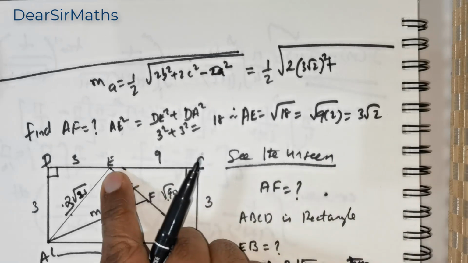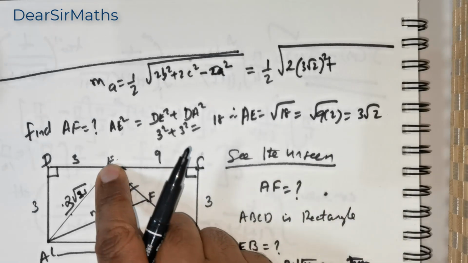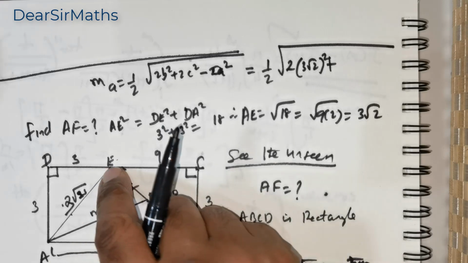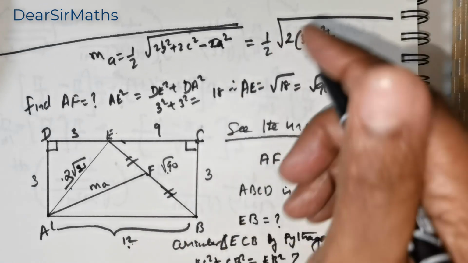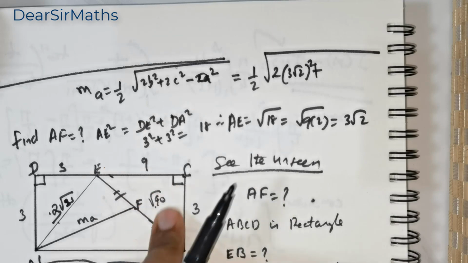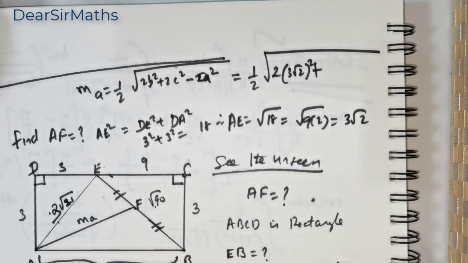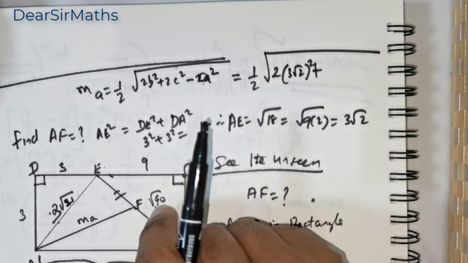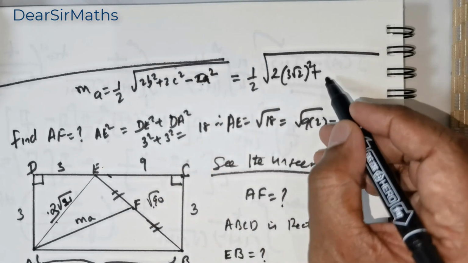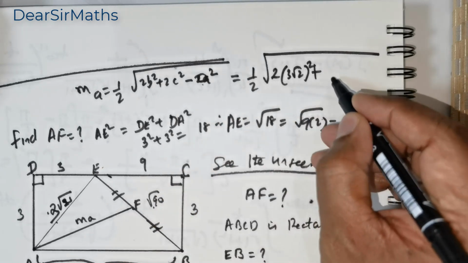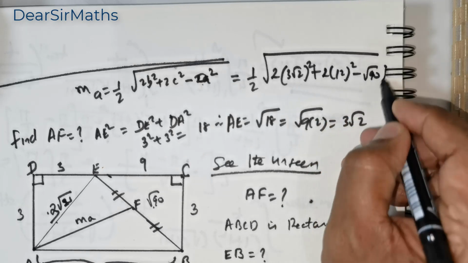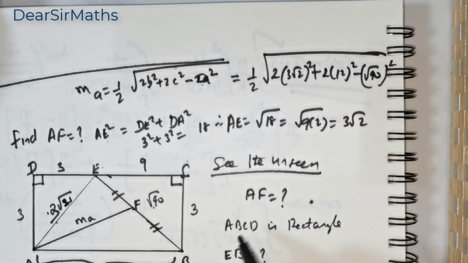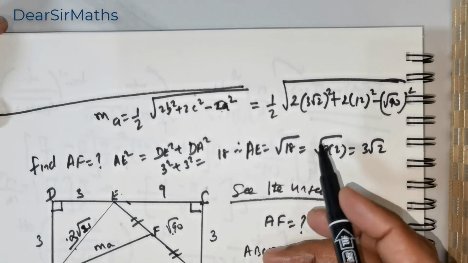Now c squared is going to be this side, so we take the opposite side. We can't touch this; this is going to be our A in the formula. So if you substitute this side, this is going to be 2 times 12 squared minus root of 90 squared.